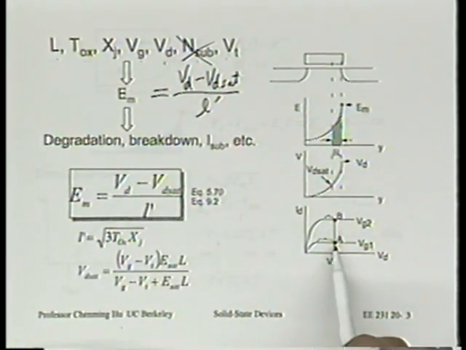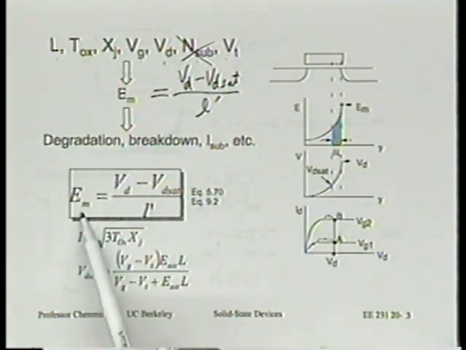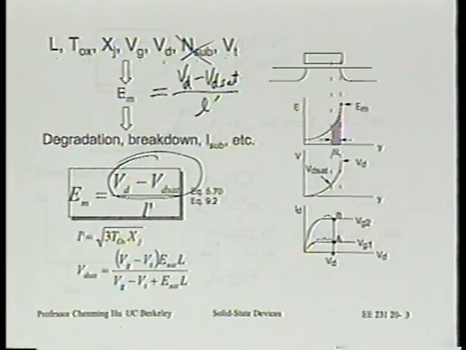The electric field is always proportional to the difference between this point and VD set. Where I use this bracket to indicate that length gives us EM, because that length is the numerator of this equation, VD minus VD set. Is that right? So by looking at this, which VG will give you a larger EM, VG1 or VG2?